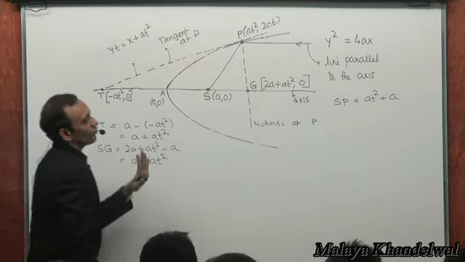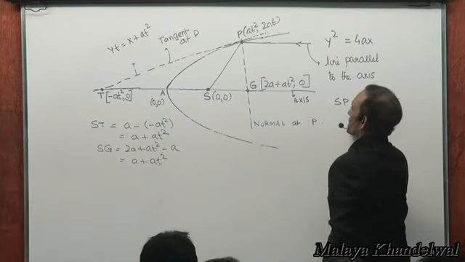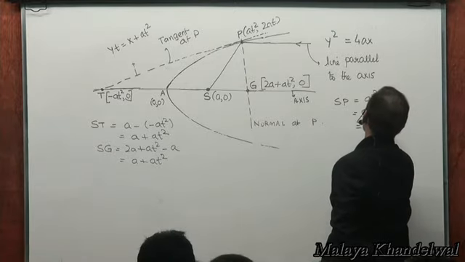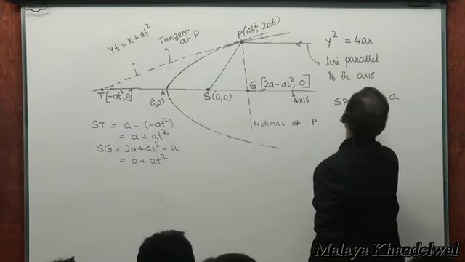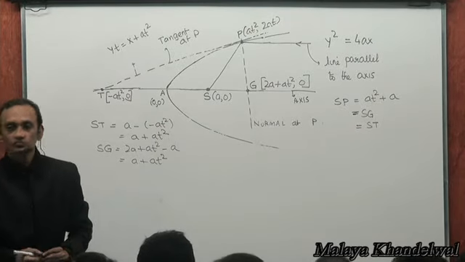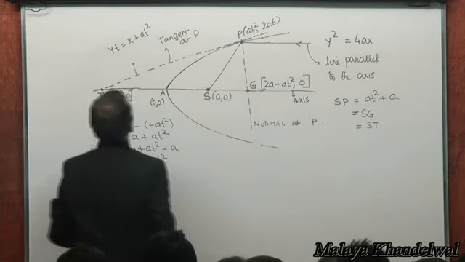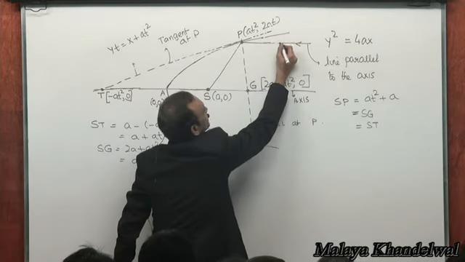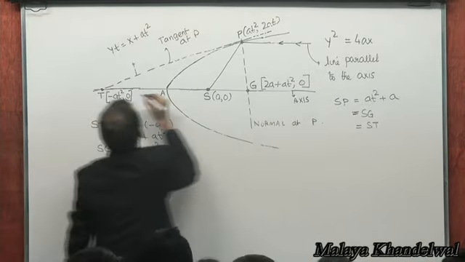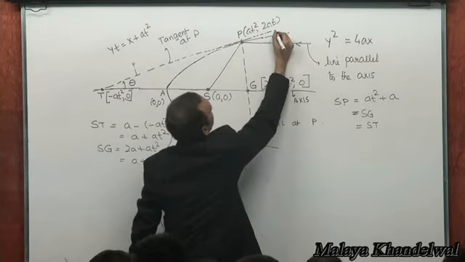So then we have the following things going on for us. SP is the same as SG, is the same as ST. Yes or no? Now, this is a line parallel to the axis, right? Therefore, if this angle is theta, what will this angle be?